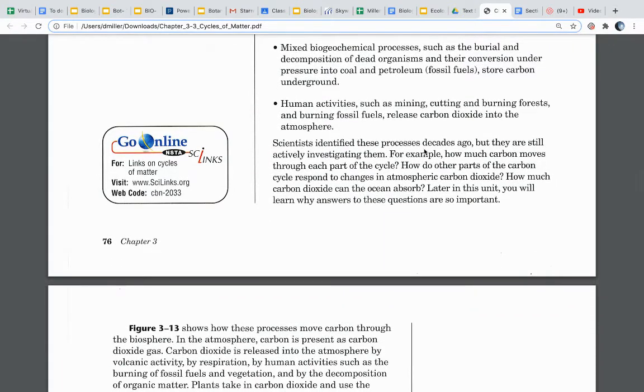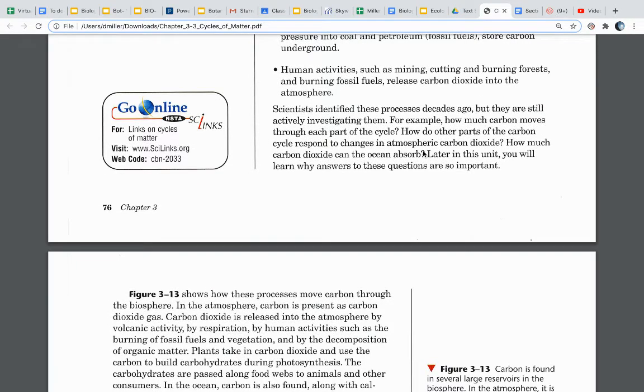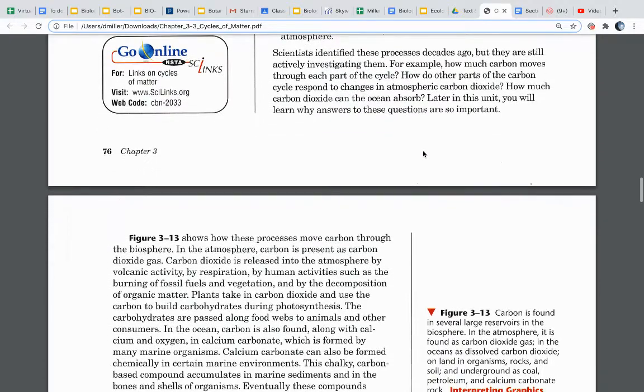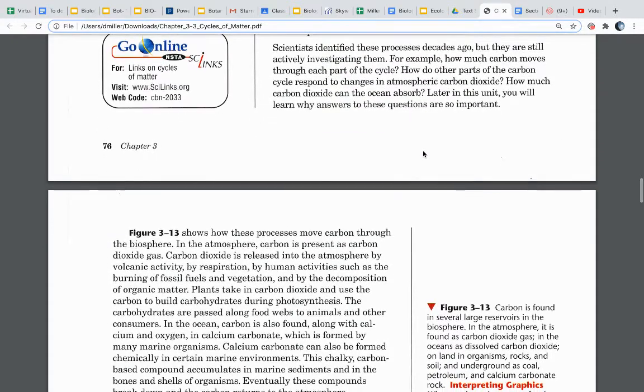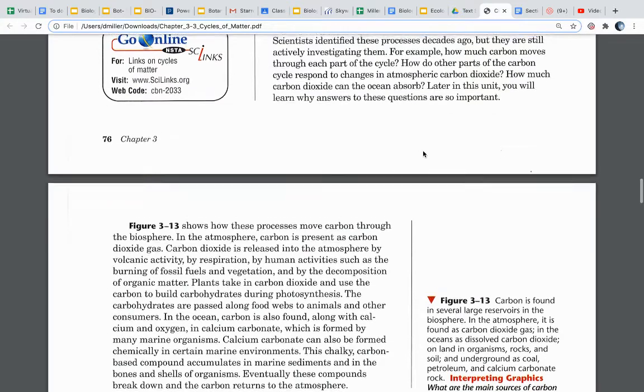Mixed biogeochemical processes, such as the burial and decomposition of dead organisms and their conversion under pressure into coal and petroleum, or fossil fuels, store carbon underground. Human activities such as mining, cutting and burning forests, and burning fossil fuels release carbon dioxide into the atmosphere. Scientists identified these processes decades ago, but they are still actively investigating them.